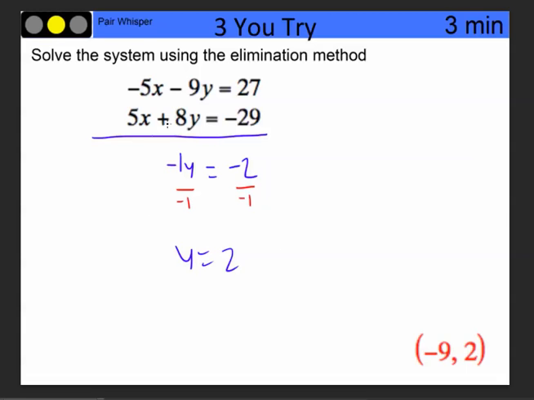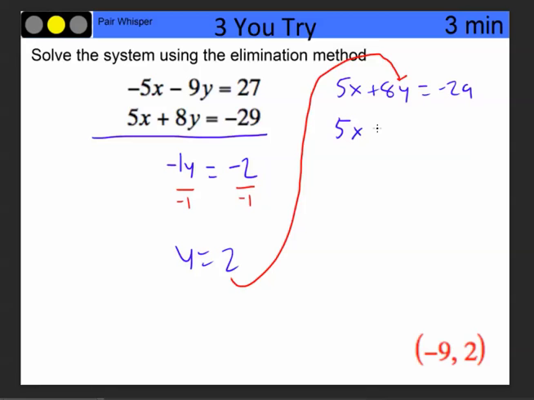I'm going to plug this into the second equation because I like it better. It doesn't have so many negatives. 5x plus 8y equals -29. Now I'm going to substitute for y, so I have 5x plus 8 times y equals -29. If y is 2, then I have 5x plus 16 equals -29.